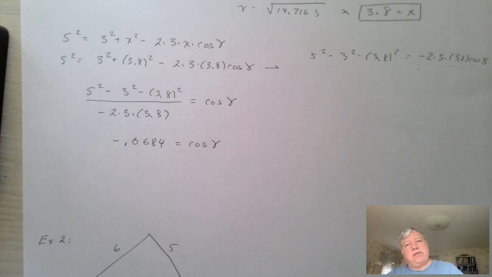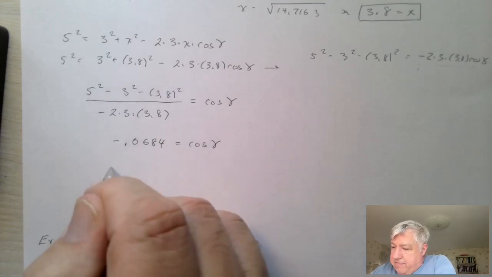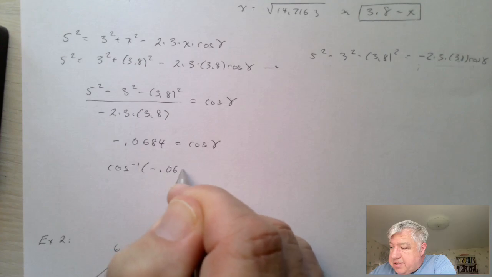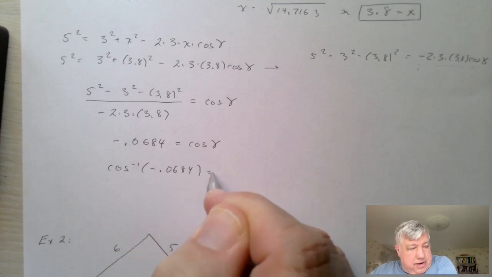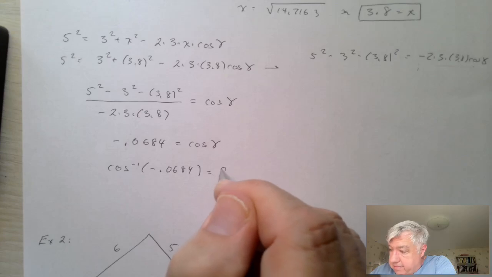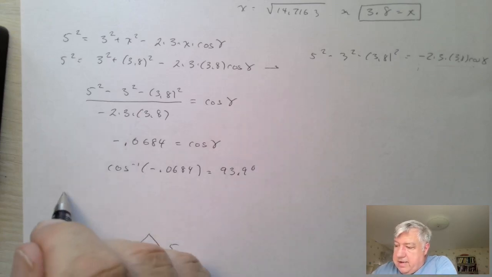As opposed to taking the inverse sine, when you take the inverse cosine we don't have to worry about any other values we haven't looked at. So the inverse cosine of negative 0.0684 turns out to be 93.9 degrees. So that is gamma.